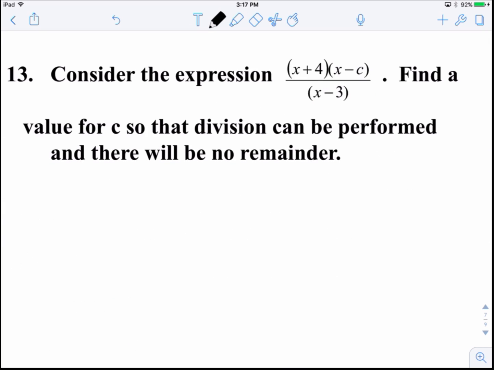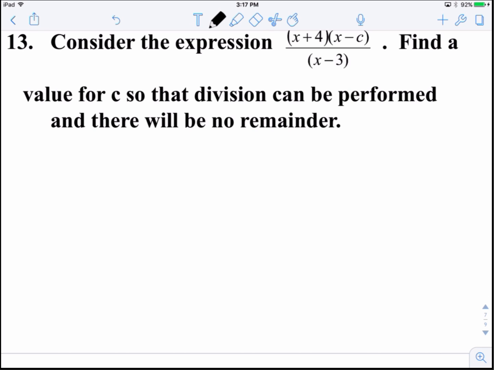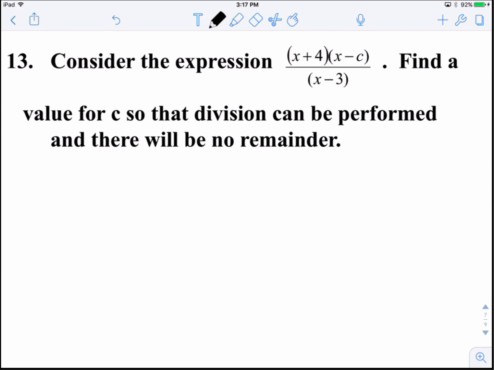Okay, number 13. Consider the expression the quantity of x plus 4 times the quantity of x minus c, all divided by the quantity of x plus 3. Find a value of c so that the division can be performed and there will be no remainder. Okay. No remainder means that x minus 3 is a factor of x plus 4 times x minus c.